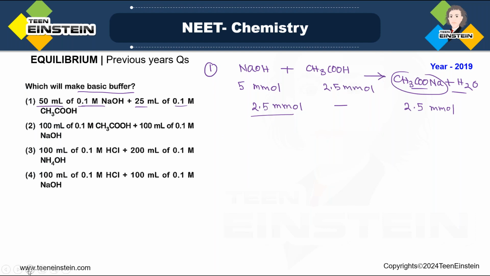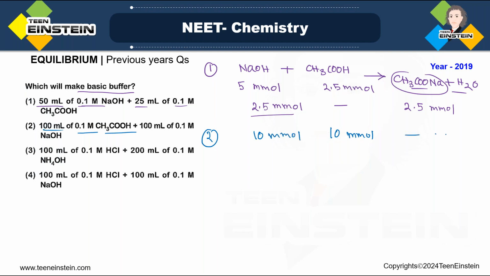Okay. Now the second one, this is also acetic acid and NaOH, but this time 100 ml 0.1 molar acetic acid. That means it is 10 millimole. So I am directly doing the same calculation. That is the same equation, I am not writing it again. Initial amount 10 millimole for both.